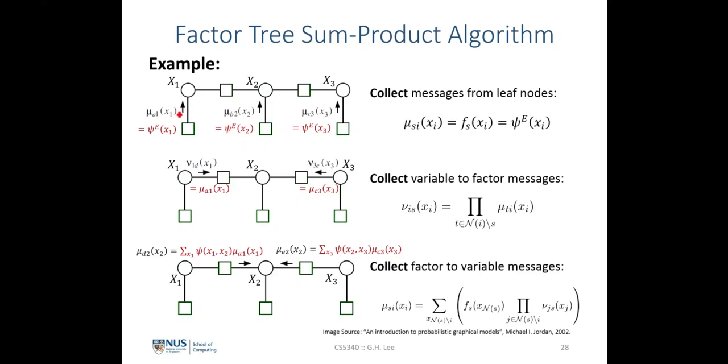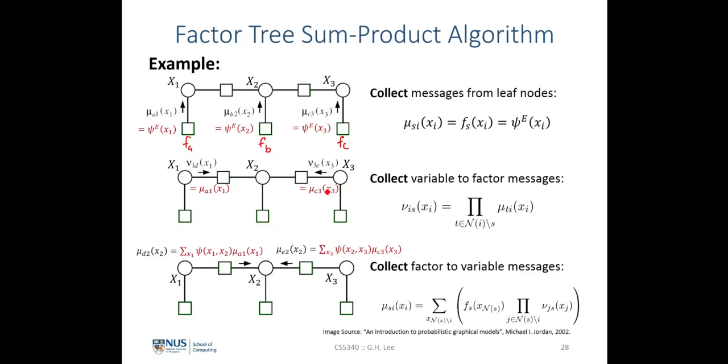So in this case here, we will have mu a1, which is simply the potential represented by fa, as well as mu b2, which is the potential represented by fb, and fc for mu c3, which is the message from the factor node here into the random variable node of x3.